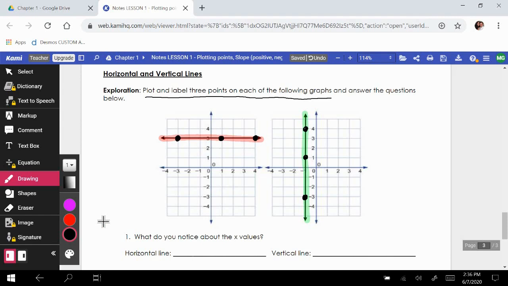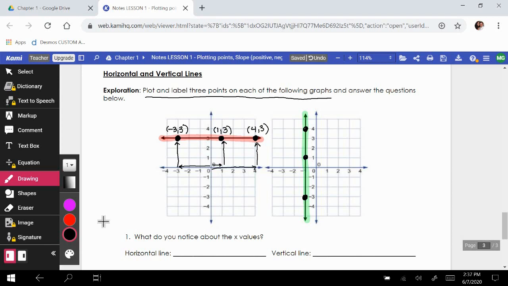Okay, so let's start with the horizontal line. Here I'm going left 3, up 3, so this will be the point negative 3, 3. Here I'm going right 1, up 3, so this would be the point 1, 3. And then here I'm going over 4, up 3.